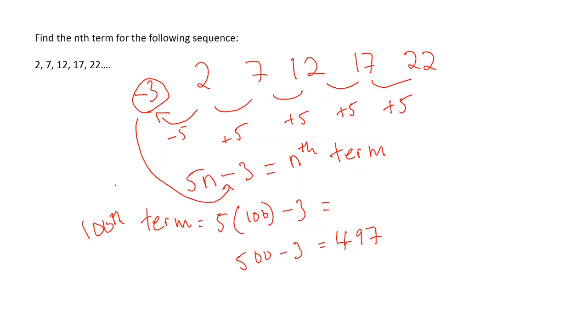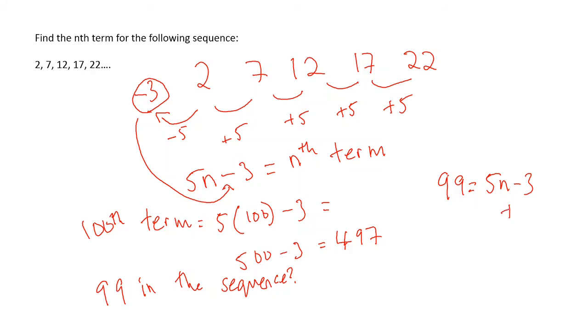Let's go back to what I was doing and say, well, how about 99? Is 99 in the sequence? As I did before, if I say 99 equals 5n minus 3, I have to figure out what n is going to be.